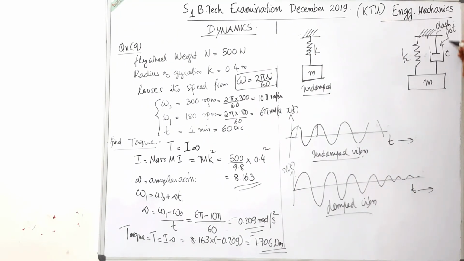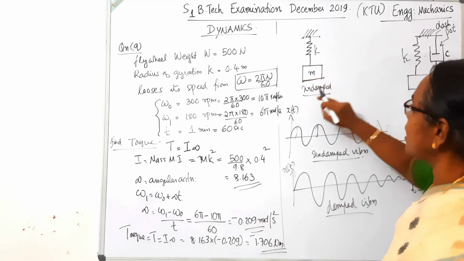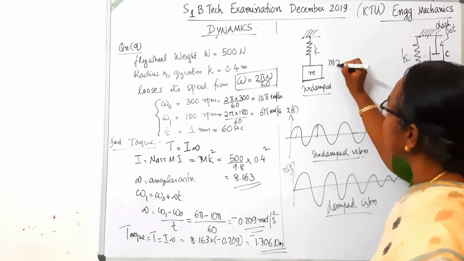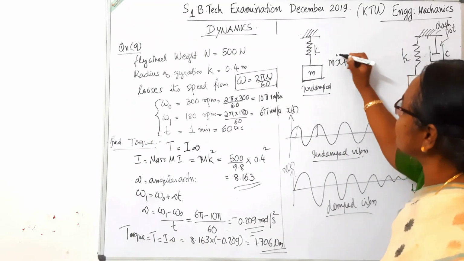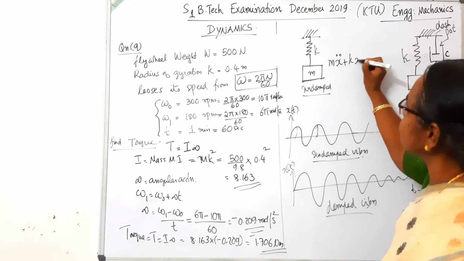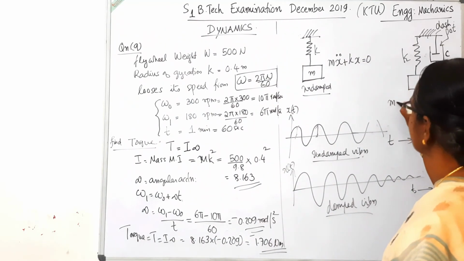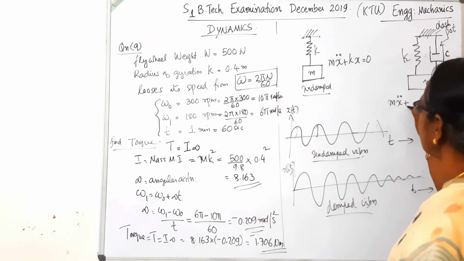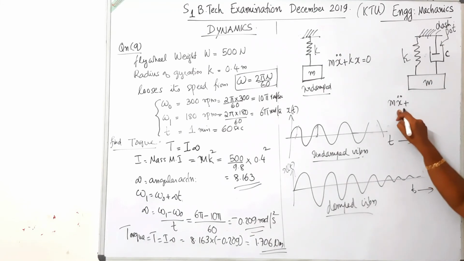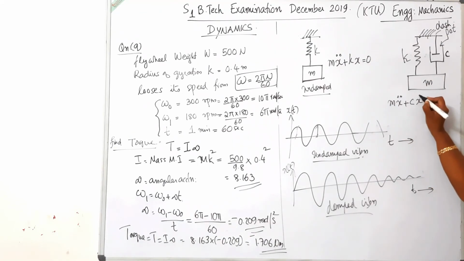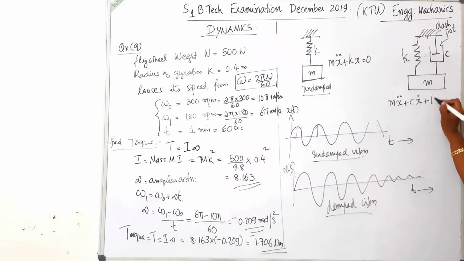This dashpot represents damping. The equation of motion for an undamped system will be m x double dot, mass into acceleration, plus spring force k x is equal to 0. In the damped case, the equation of motion will be m x double dot, the inertia force, plus damping force c x dash, plus spring force k x is equal to 0. It is free vibration, so there will not be any external force.